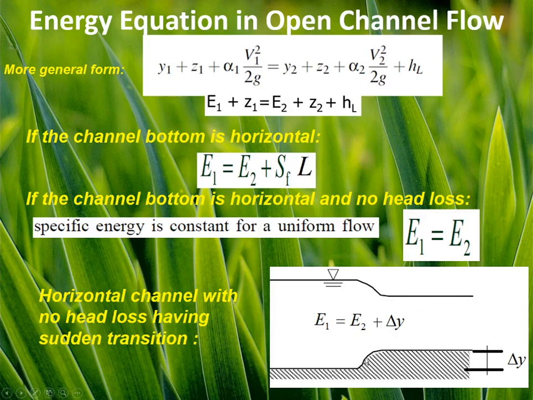Therefore, before the hump, I can select one cross section, and after the drop, I can select another cross section. Therefore, between cross section 1 and cross section 2, I can write this general energy equation with respect to the specific energy.